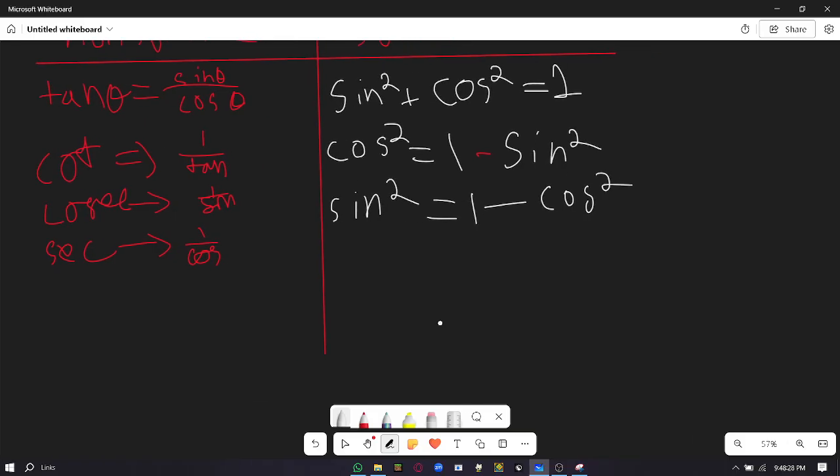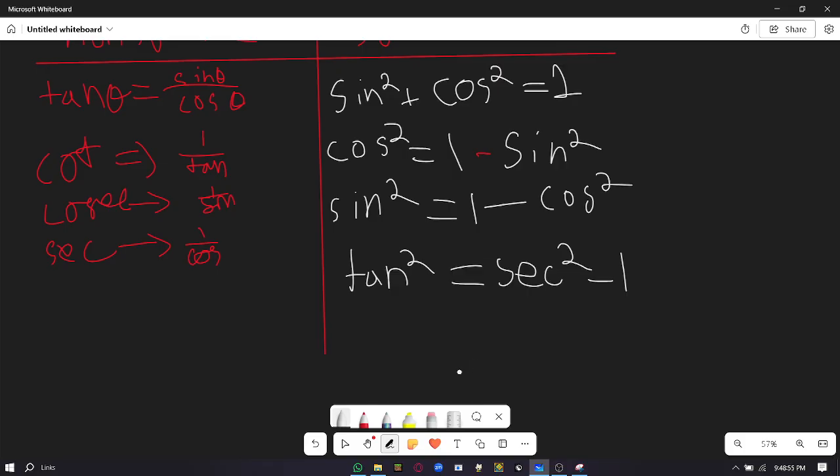There's a few more, a lot more than this, of course. The next one which I want you to know is tan square, which is secant square minus 1.